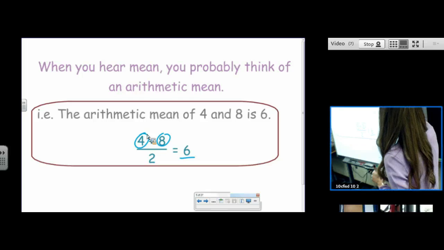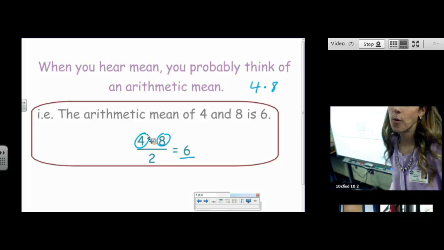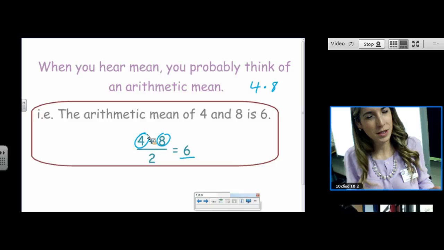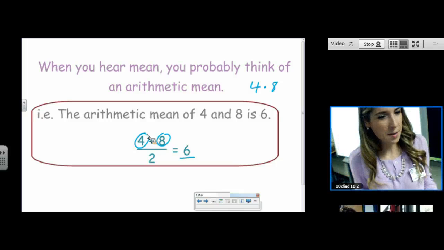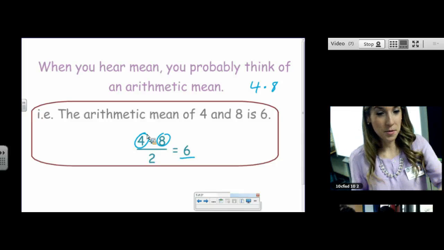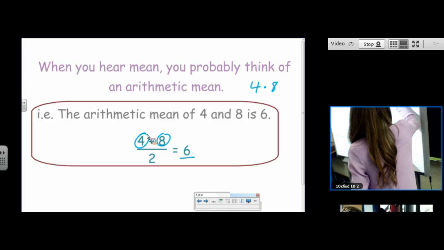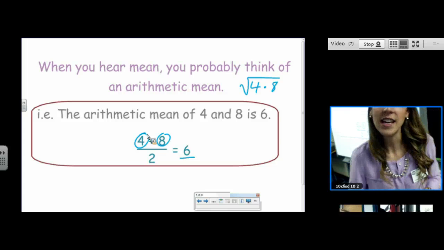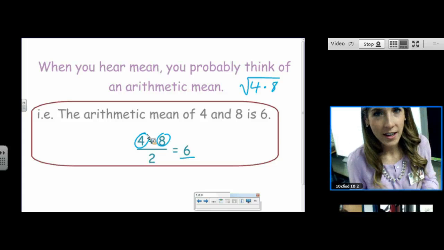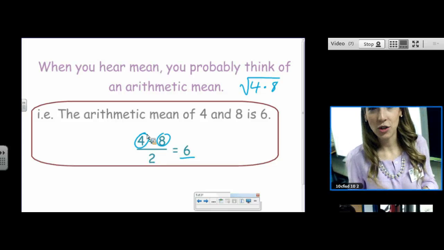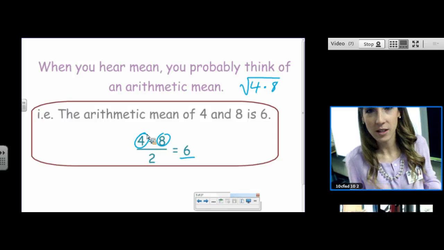So 4 times 8. Now wait, we already divided by 2, so can you step up dividing by 2? Ooh, square root. Yes, very good. So the geometric mean is actually the square root of the product. Instead of adding them and dividing by 2, we're going to multiply them and square root.